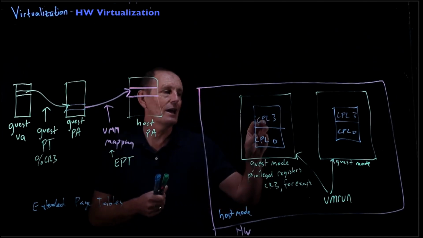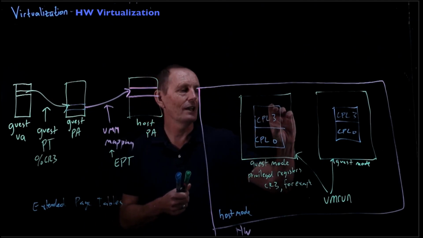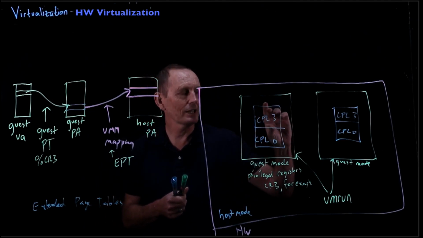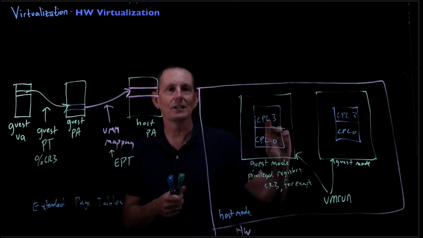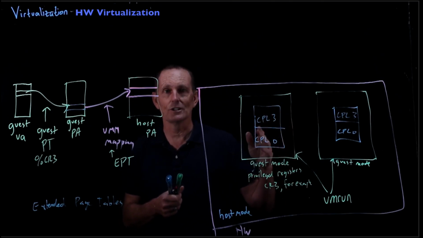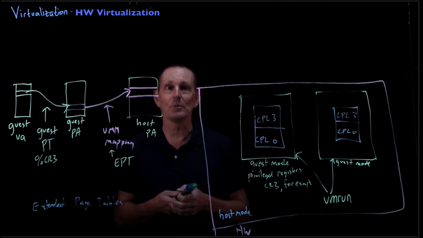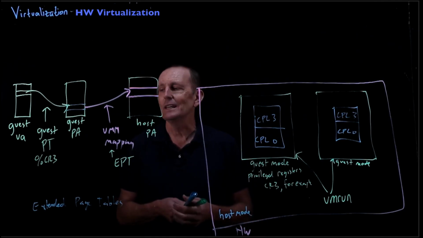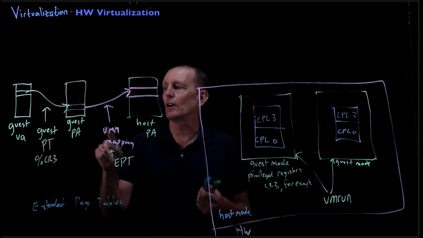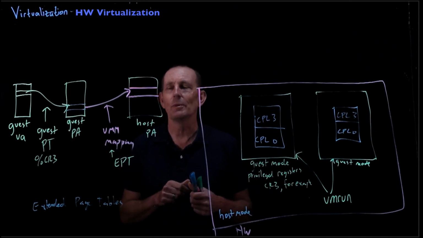We can just go ahead on a system call and have a trap occur, and that'll go directly from CPL3 in the guest mode to CPL0 in the guest mode. We can execute the kernel instruction and so on, as opposed to trying to get the VMM involved in that. The EPT is faster if there are a lot of changes to the page table.